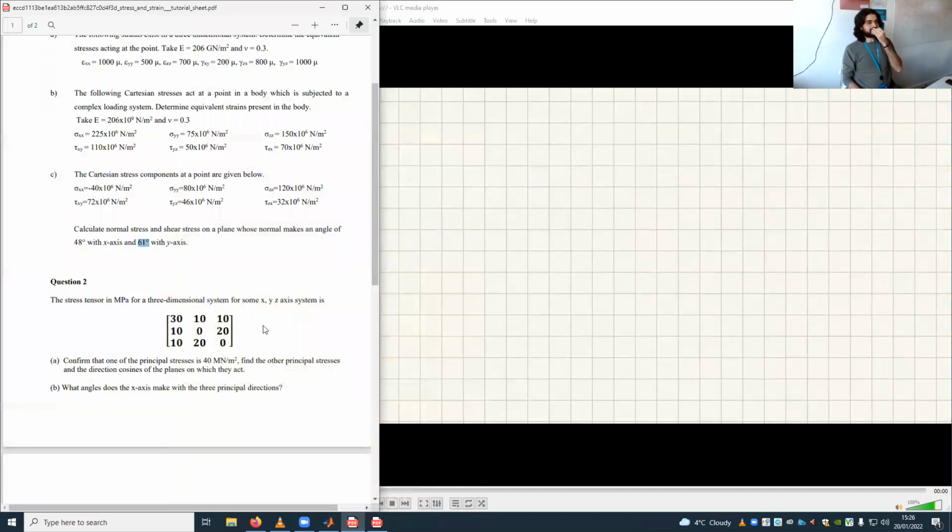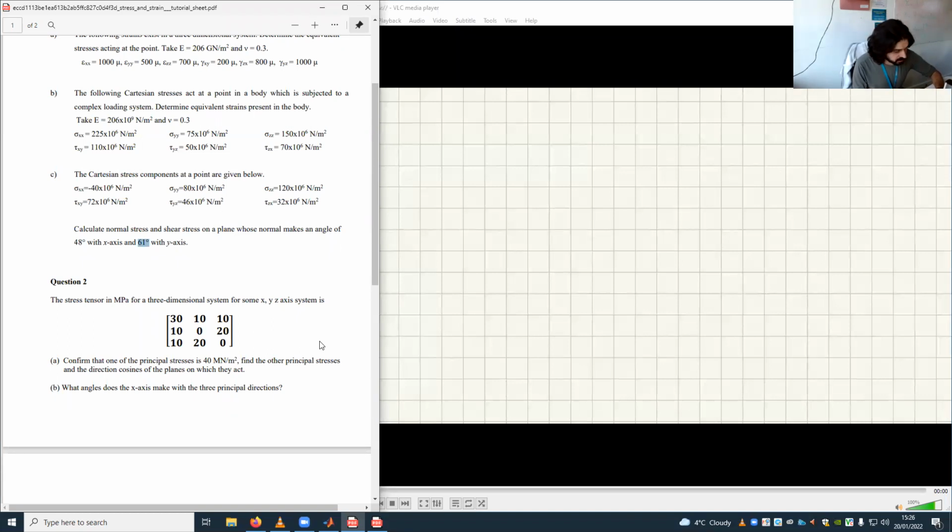Question 2. So we do have a stress tensor in megapascals, in a 3D system.